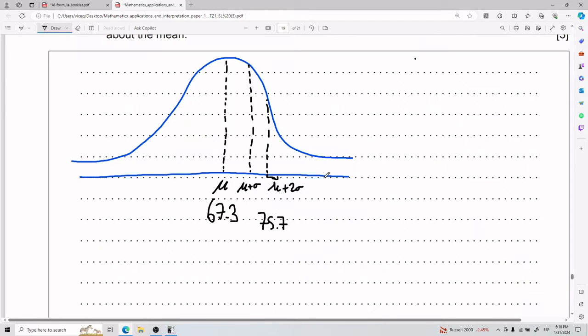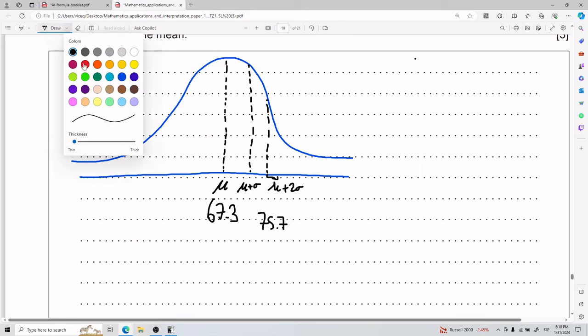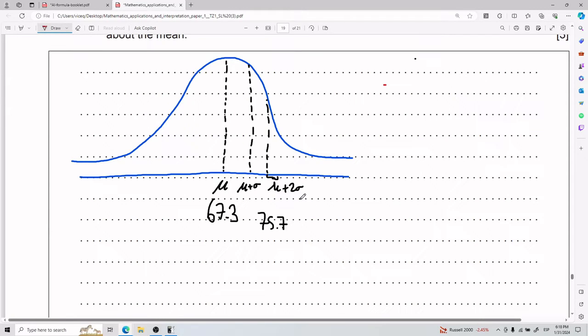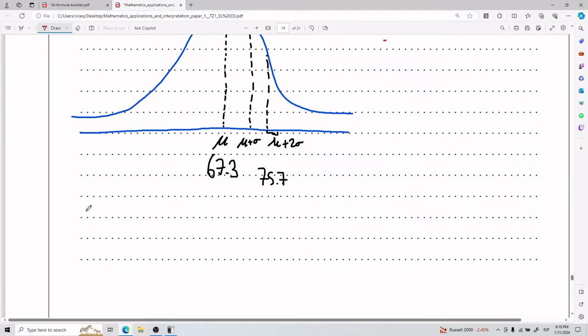In other words, I can say, okay, so mean plus 2 standard deviations minus the mean is going to give me 2 standard deviations. See? Following this graph here.